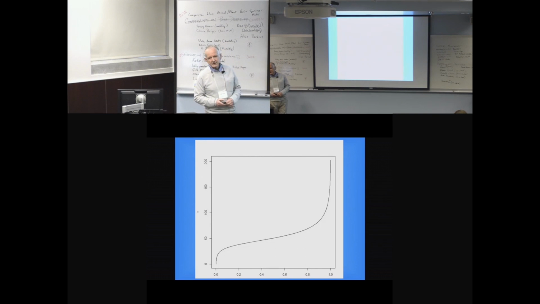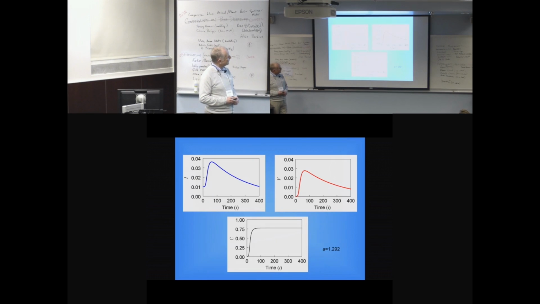So in this case, it pretty much goes to saturation. However, what we find is that if we plot these various things, so this is infected plants, this is the overall virus load, and this is the mean virus concentration per plant. This gives a typical plot for it.